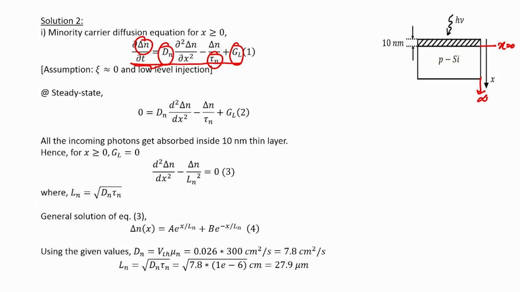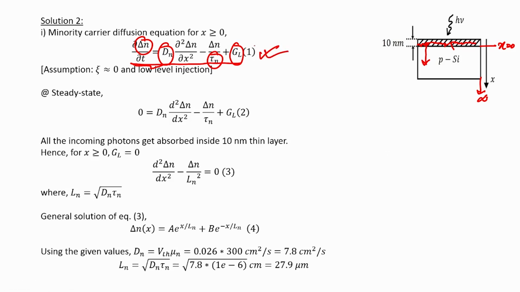So basically what does it state, that the electrons and holes are generated here, and these electrons will diffuse to the bulk following this relation.